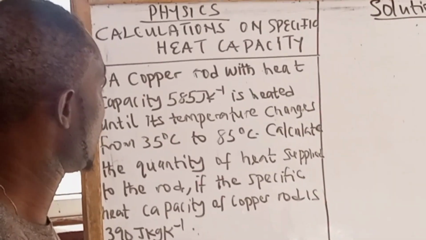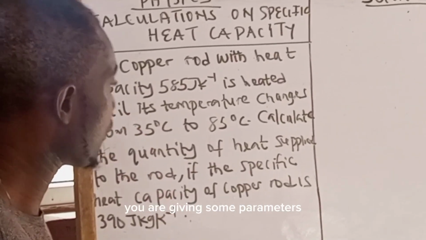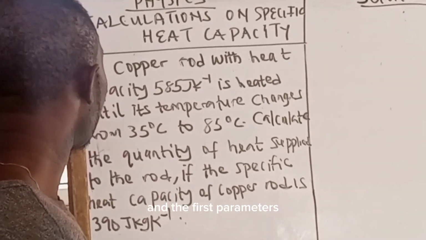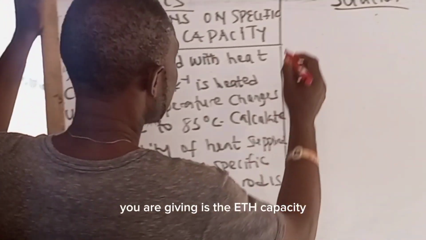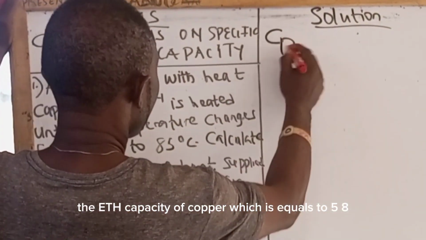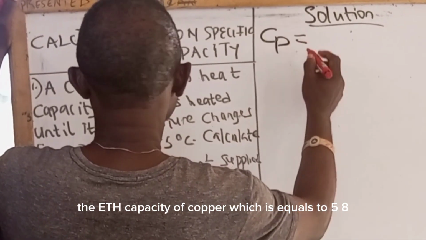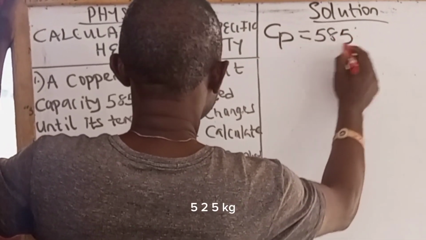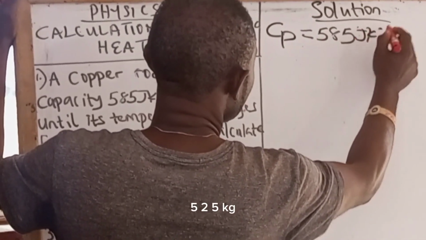kilogram per kelvin. So if you look at this question, you are given some parameters, and the first parameter we are given is the heat capacity of copper, which is equal to 585 joule per kilogram.